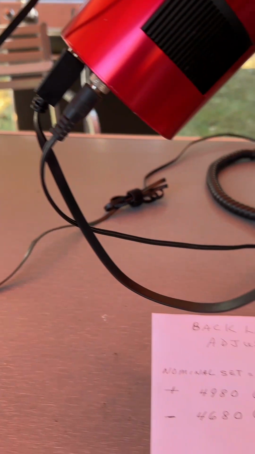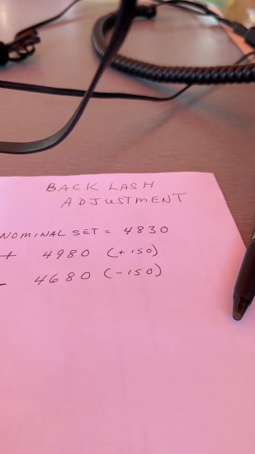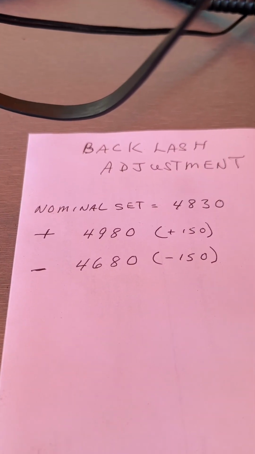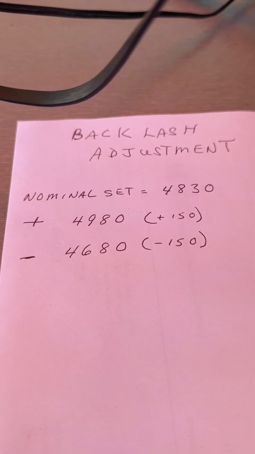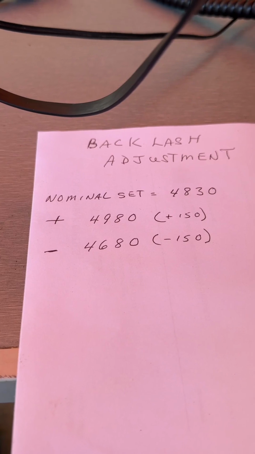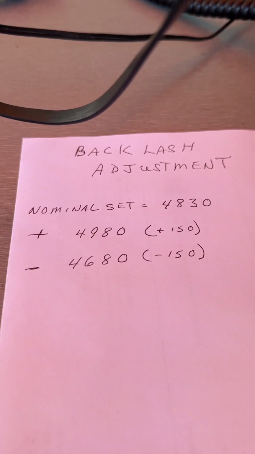So my initial location for the focuser is at 4830, and I'm going to move it positive to 4980, which is 150 steps, and then I'm going to move it minus 150 steps to 4680.